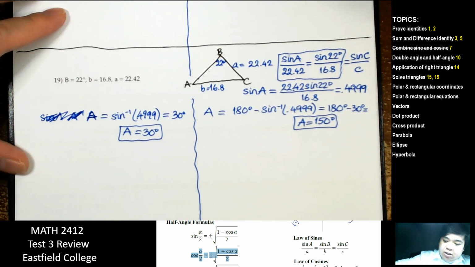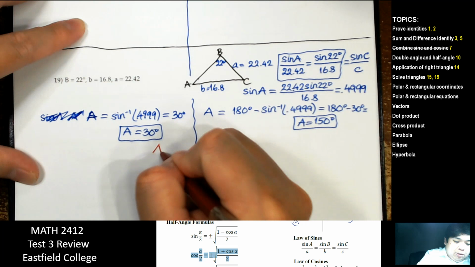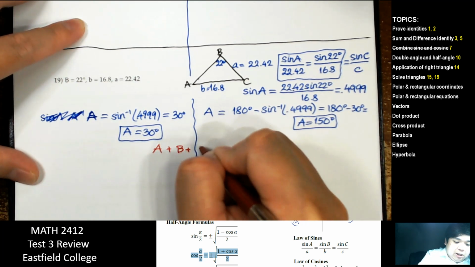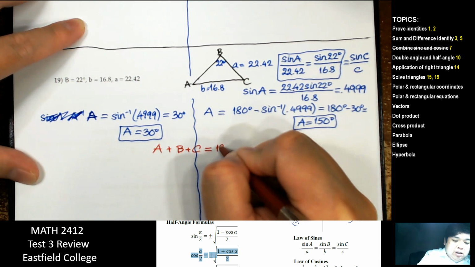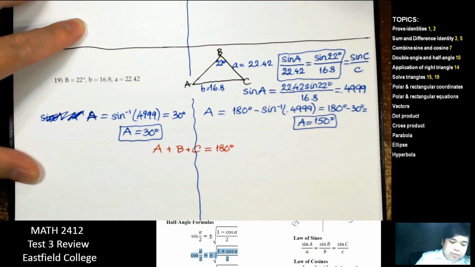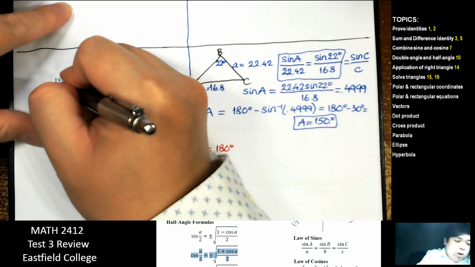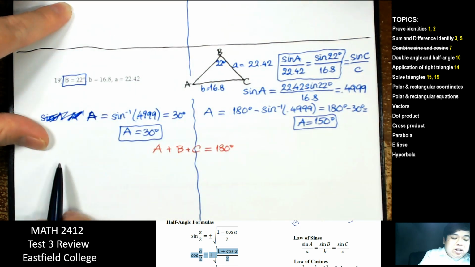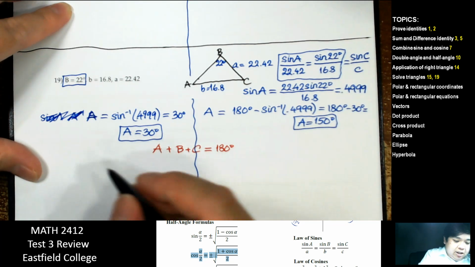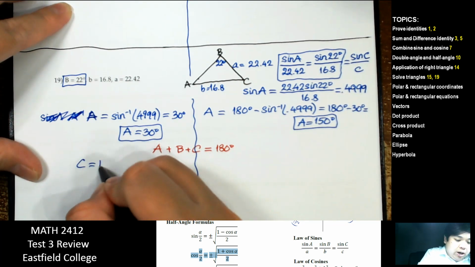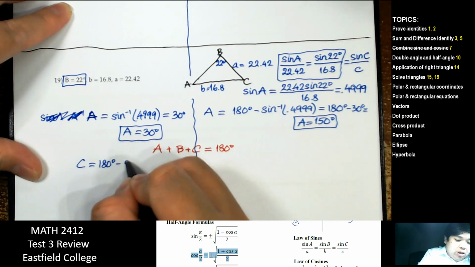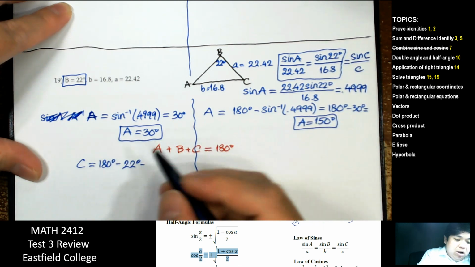Right, first we use A plus B plus C equal to 180 degrees. B is always 22. So in this case, if A is 30, we find angle C is 180 minus 22 minus 30.